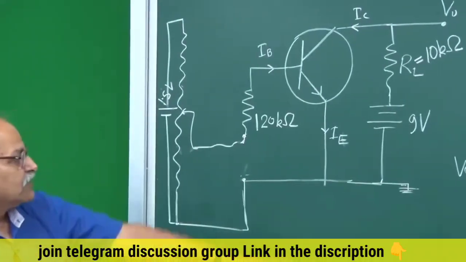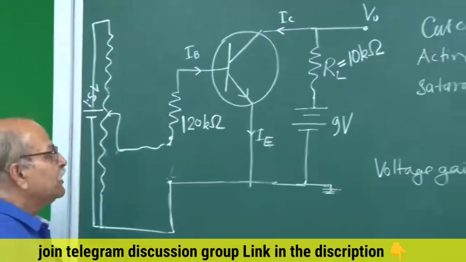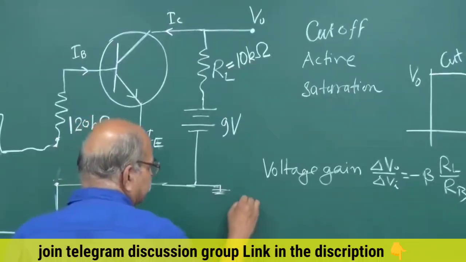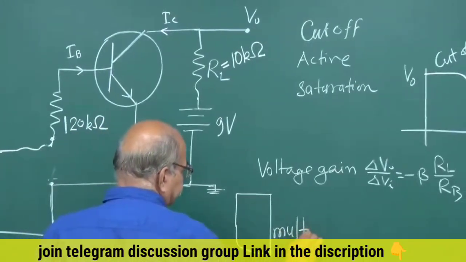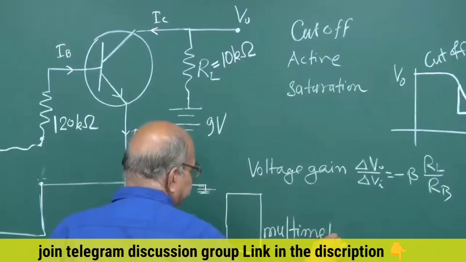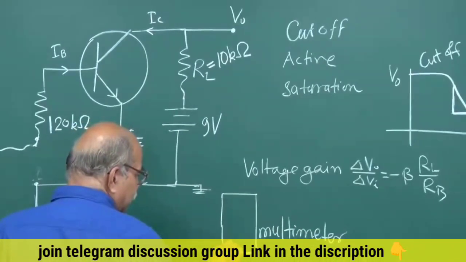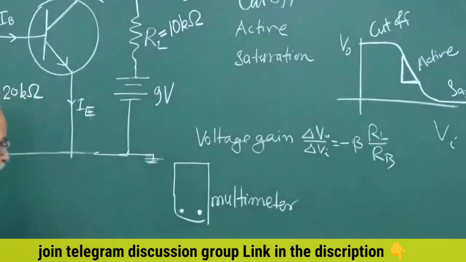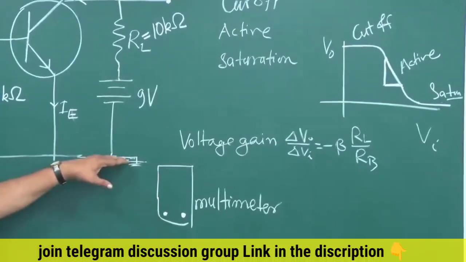Measurement of what? Measurement of this VO and measurement of this VI. To measure this VO, we will take a multimeter. A multimeter has two terminals, one black and one red. The black one is supposed to be connected to that zero potential.